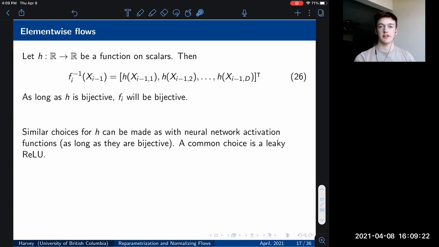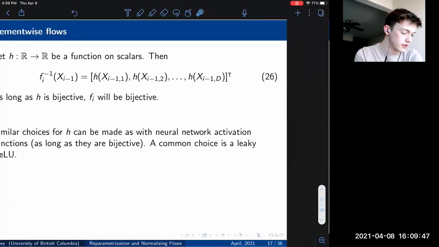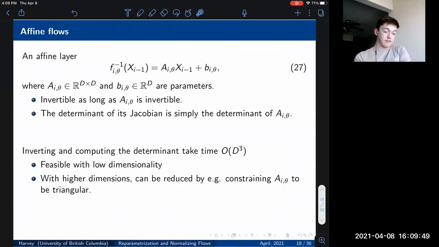So we can't use something like a ReLU, but we can use something like a sigmoid, or a common choice is a leaky ReLU, where instead of being 0 whenever the input is less than 0, it has a slightly smaller slope for x less than 0. Okay, so then I'll move on to affine flows.